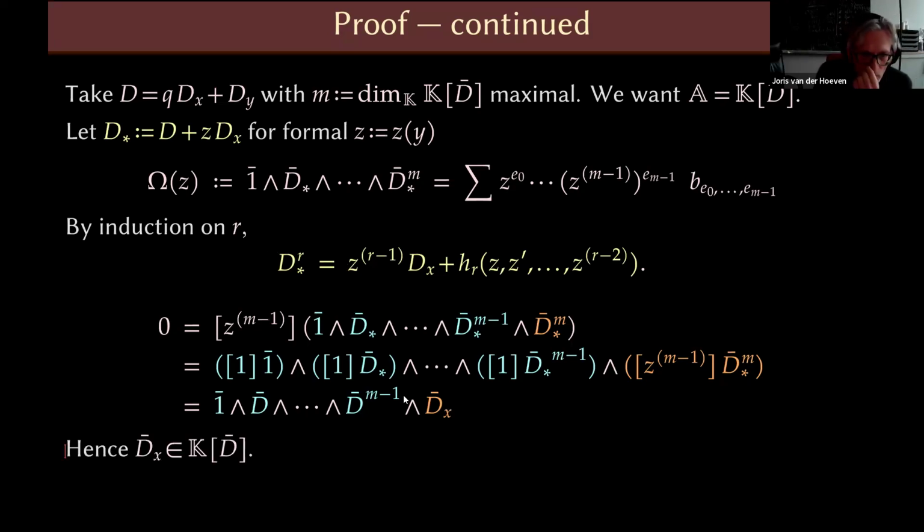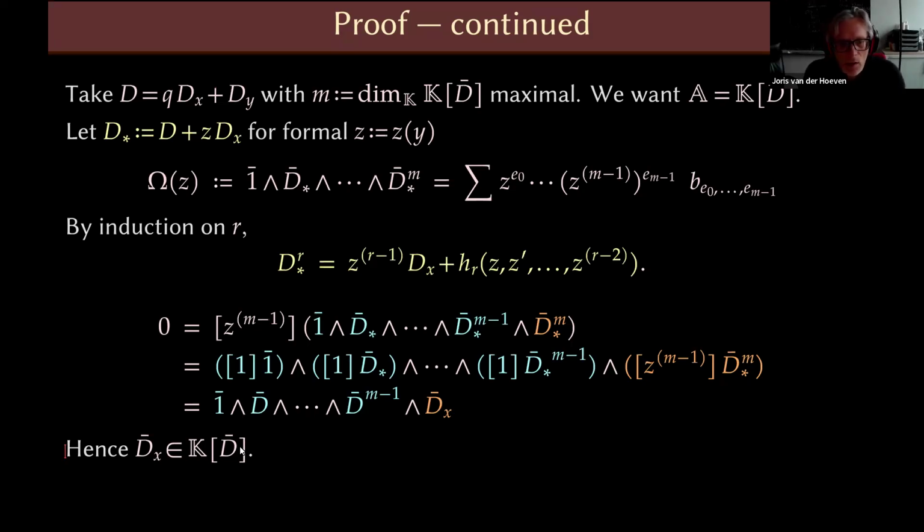So the fact that this thing is 0 means that we basically have a dependency of dx in terms of all the things that we had here. So basically it means that dx is already generated by the powers of d.